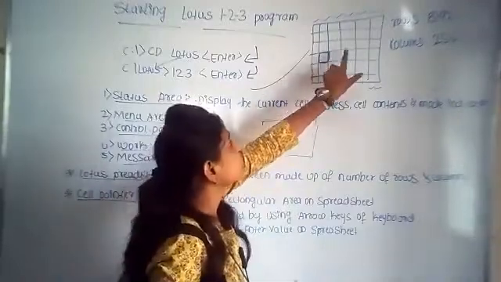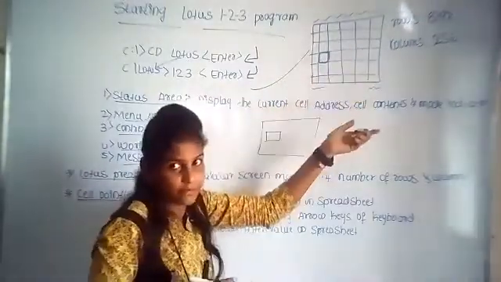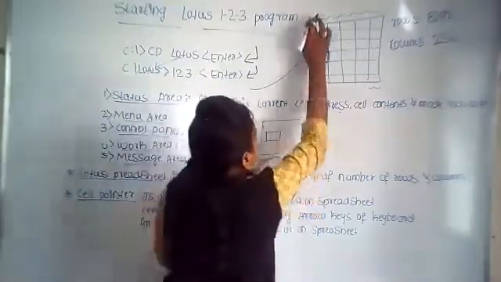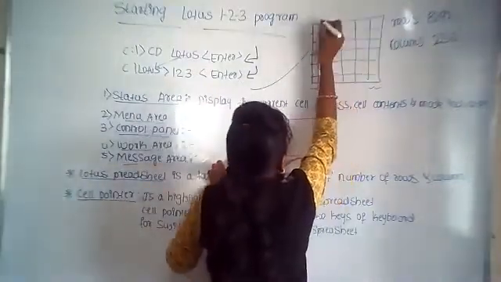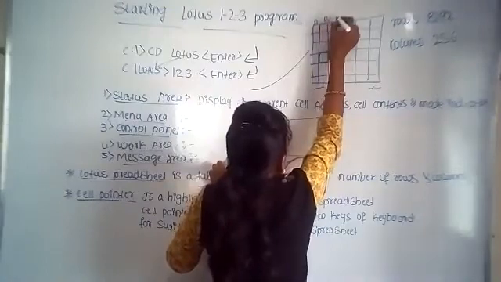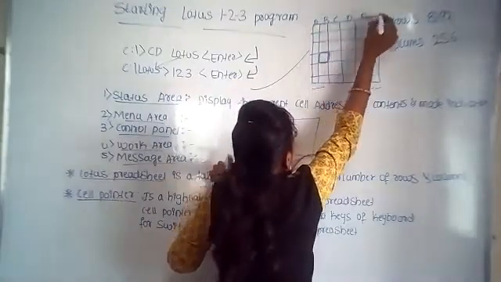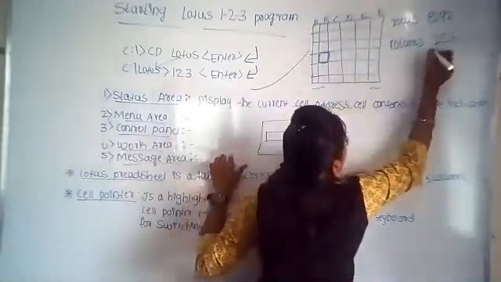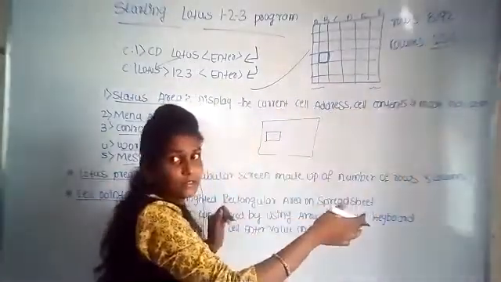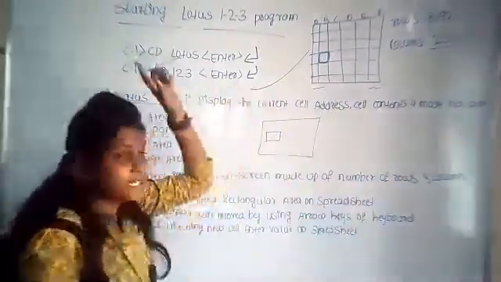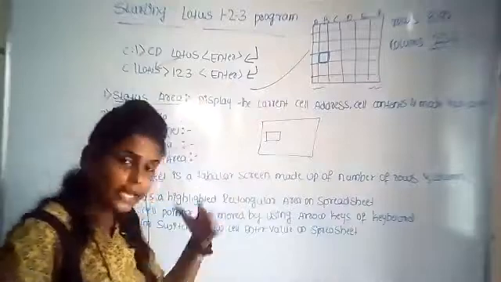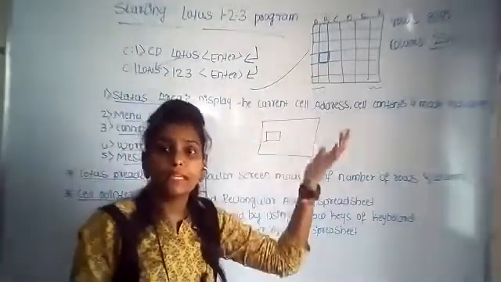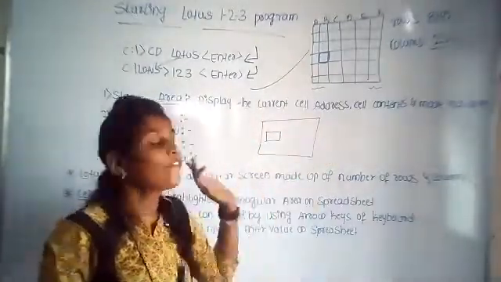Each cell has its own name. Assume that these are columns A, B, C, D, E, F up to Z, next AA, AB, AC, and so on, totally 256 columns.